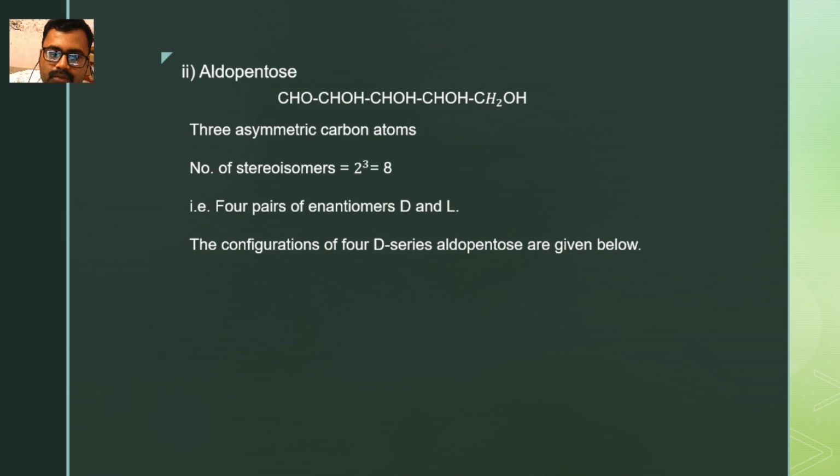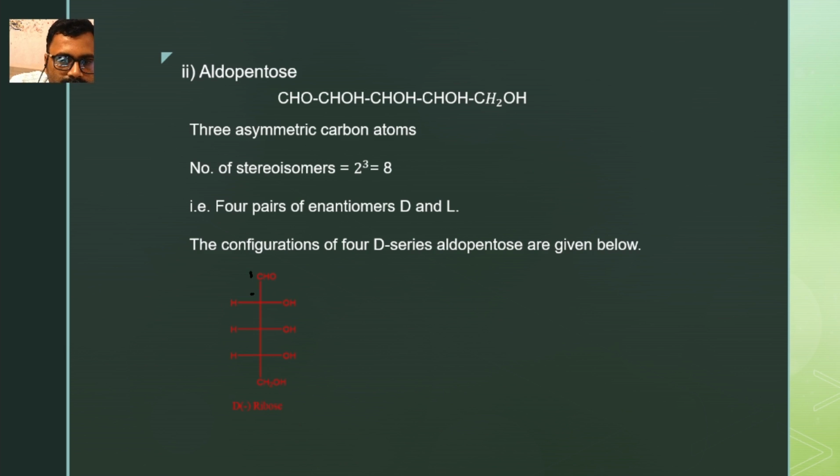The configurations of the 4 D-series aldopentoses are shown here. So the first one is this compound. It is called arabinose. If you give the numbering to this structure, again we can start from this aldehyde group. So it is the top carbon atom.